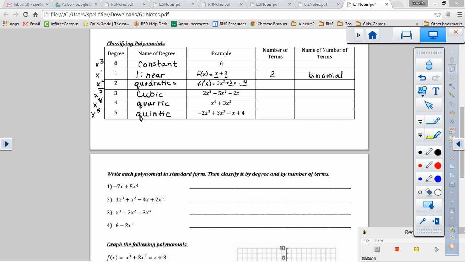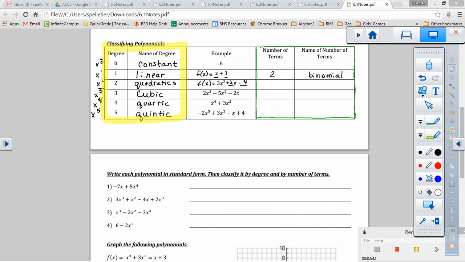And then we classify polynomials 2 ways. We classify them by their name or their degree, and then the second way is by the number of terms that they have.